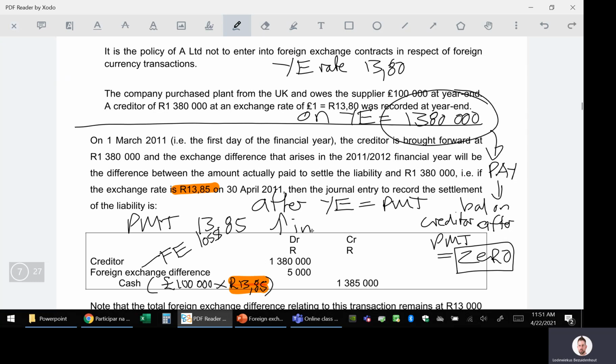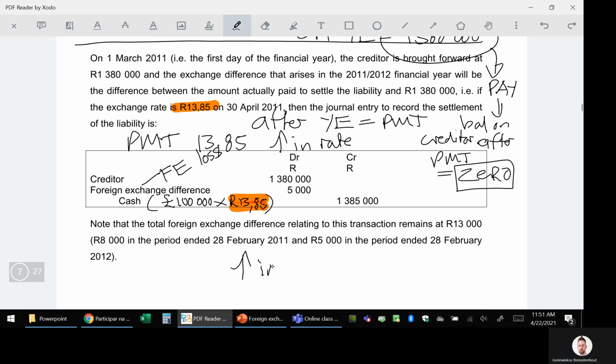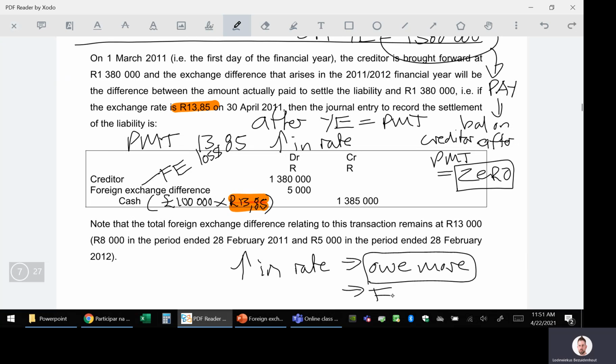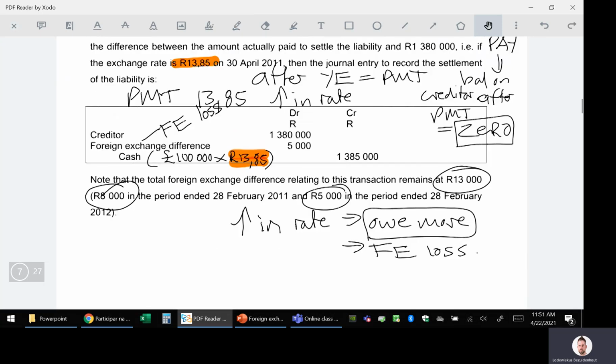So there was an increase in the rate, and if we have an increase in the rate, that means we owe more. And if we owe more, then we would have a foreign exchange loss. So the total foreign exchange loss for this transaction is 13,000, of which 5,000 is in the current year and 8,000 is in the previous financial statements.